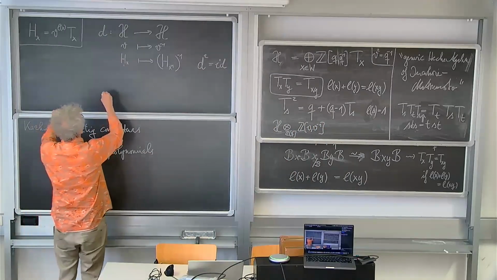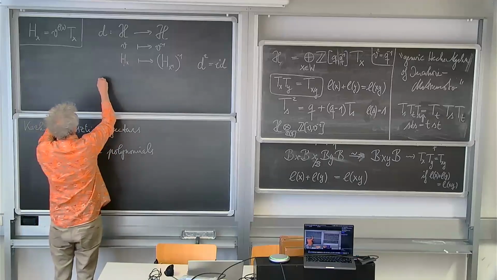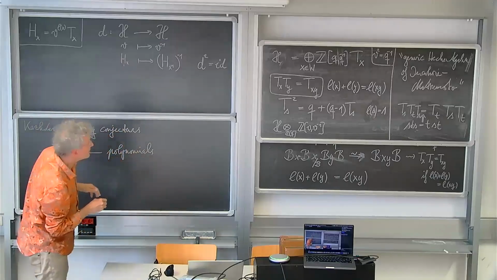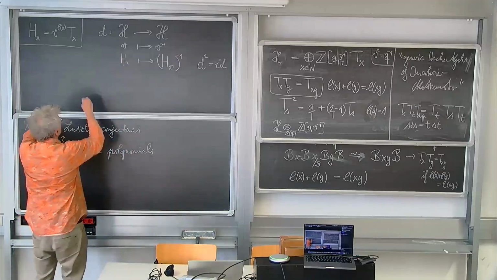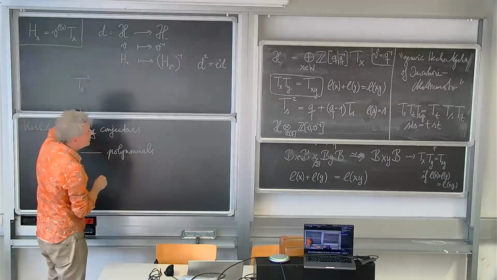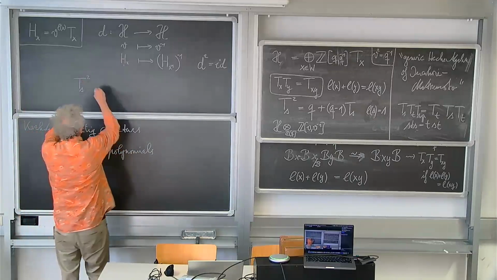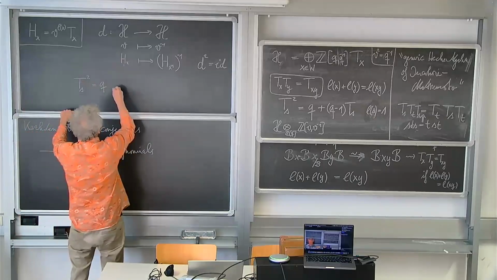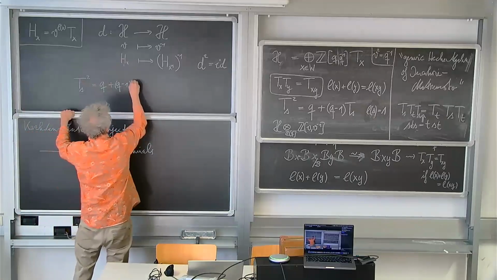And let's see where H_s is mapped. So what we had here was the equation: H_s squared is v plus v^-1 times s.